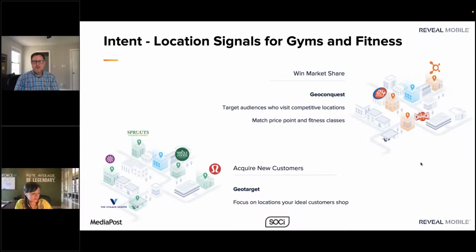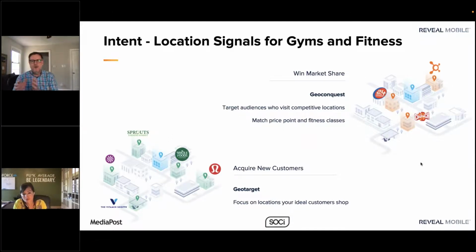So Geo Conquesting is a proven strategy in terms of using location data as a signal. And we're going to talk in a minute about using all of this on social, and that's where the rubber meets the road again. So strategy two, Geo Conquest. Number three, just as valuable, less obvious, is using a geofencing platform or geofencing technology, whatever it might look like, to understand all the places Planet Fitness people go.